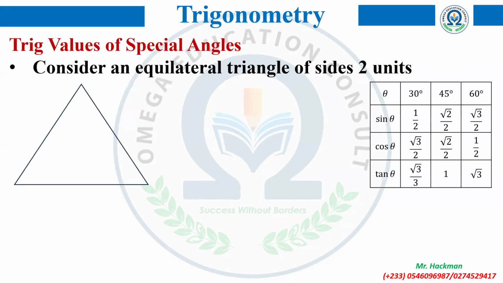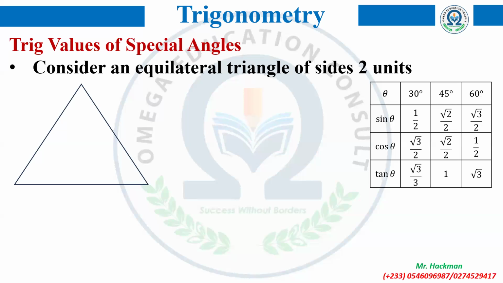Now to our last concept under three, and that will be it for the entire lessons under trig for these vacation classes. That is for core math, which is now mathematics. We are going to look at the trig values of special angles.